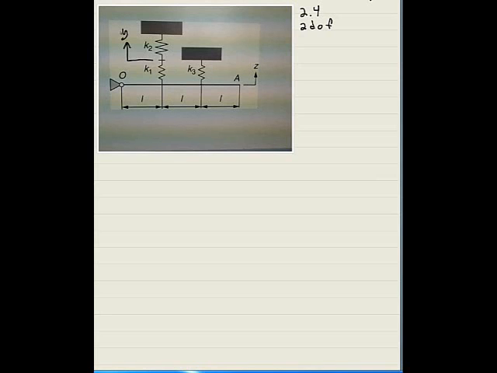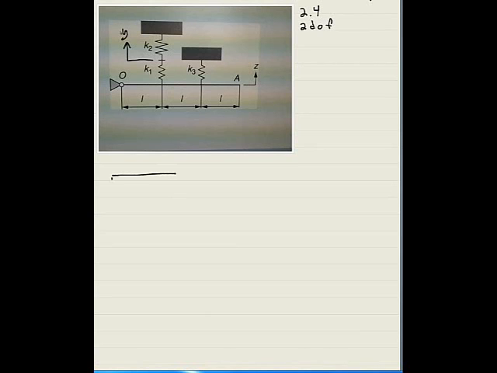So what I'll do is draw the free body diagram of the rod first of all, and so in that case, I'll draw the rod.